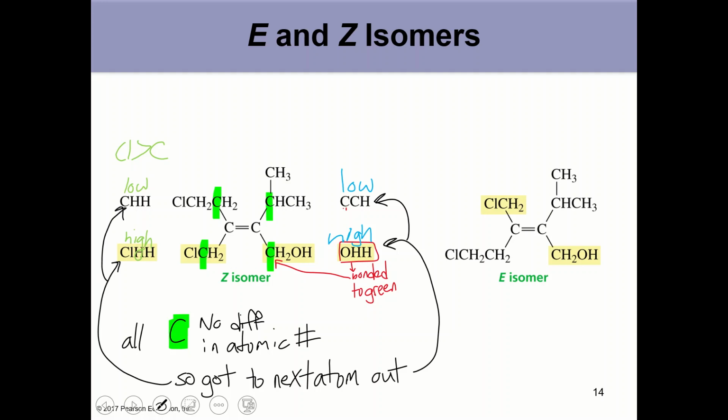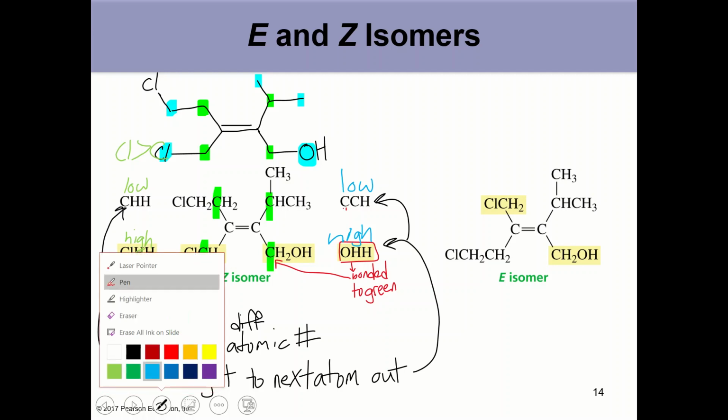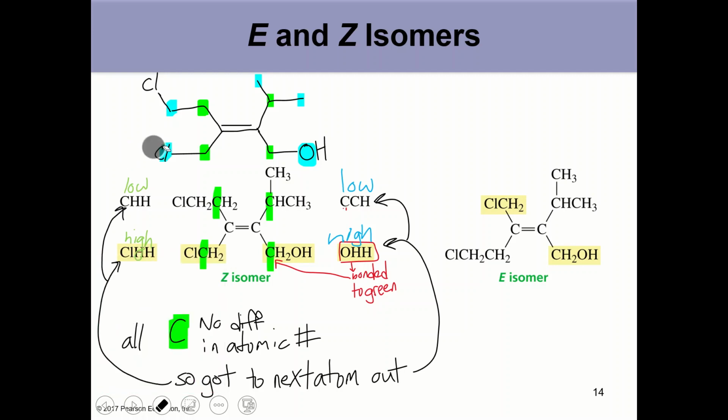When I look at these molecules, they are normally drawn as skeletal structures. And for me personally, it is easier to determine EZ isomerism with the skeletal structure. So I've drawn above the skeletal structure for the same molecule. I've highlighted the carbons in green, and those are all the same, so we can't make comparisons.